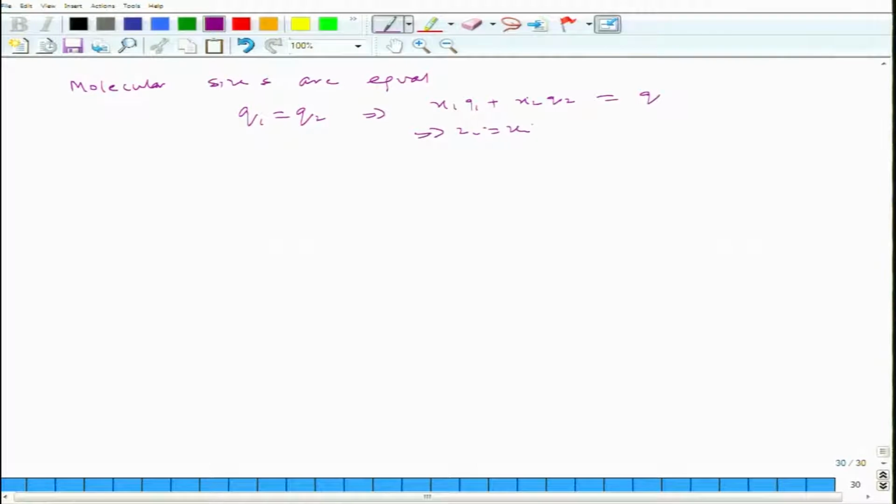If you go to the definition, z i will be nothing but x i. In that case, I can consider the expression of the Wohl's expression in this form.